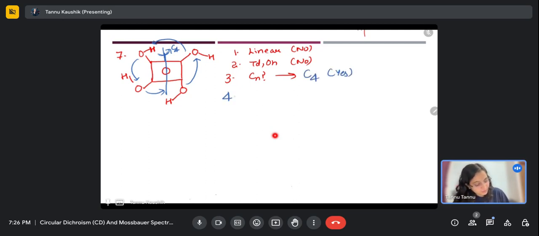Okay. Then do we have 4 C2 perpendicular to this C4?